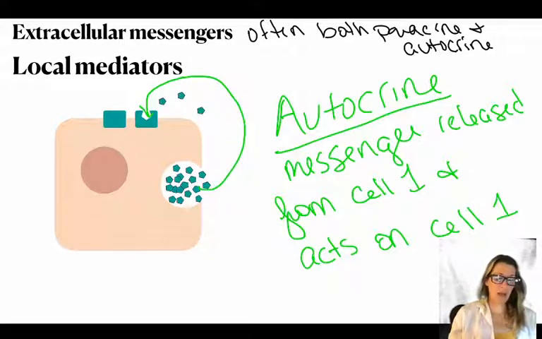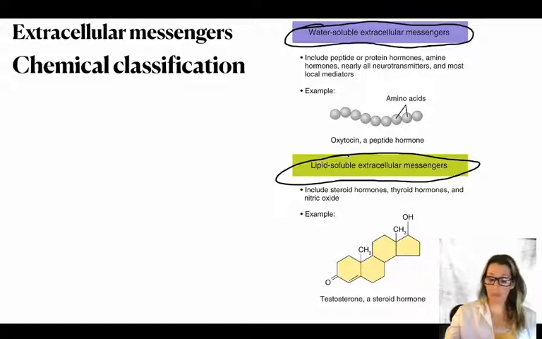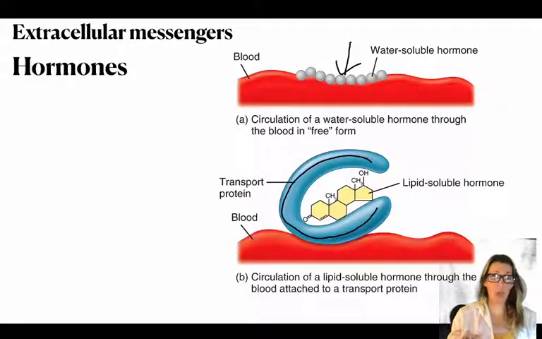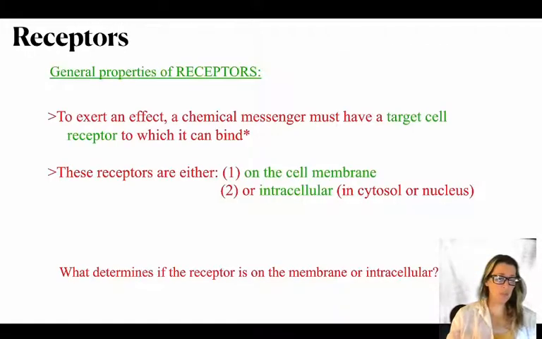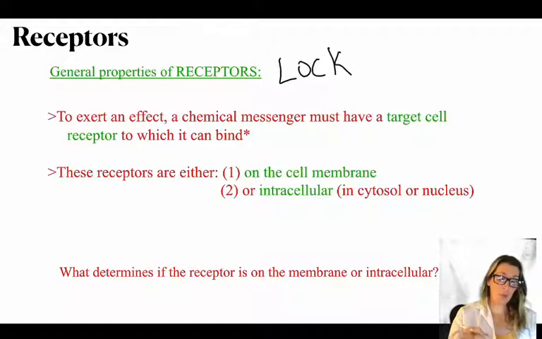So we talked about our messengers, kind of just introduced them, and we're going to talk throughout the whole semester a great deal more, and get into a lot more detail about these things that we've just touched on. But now let's talk about receptors. The way I think of them is like the lock, whereas the messengers are like the key.